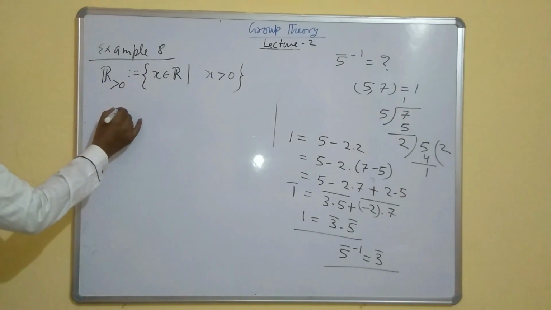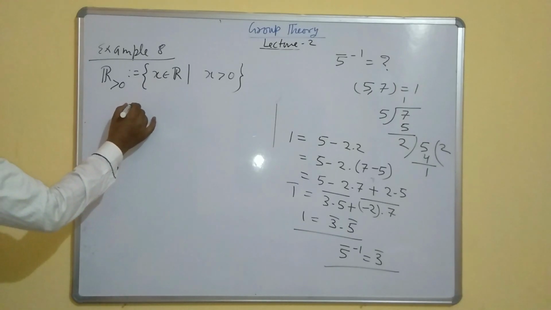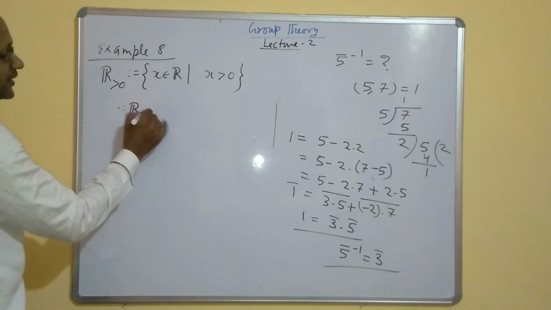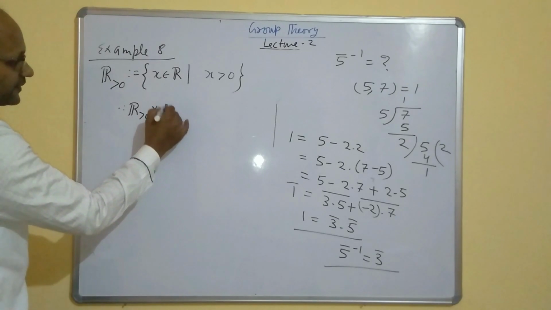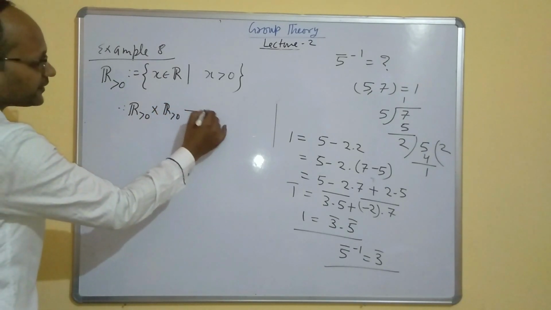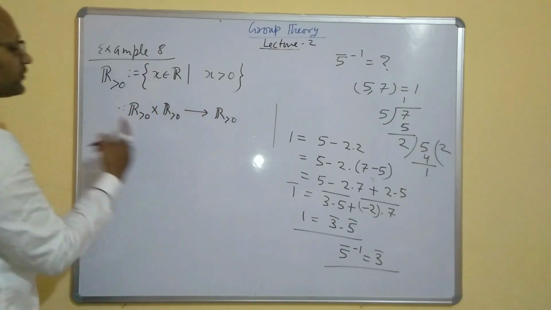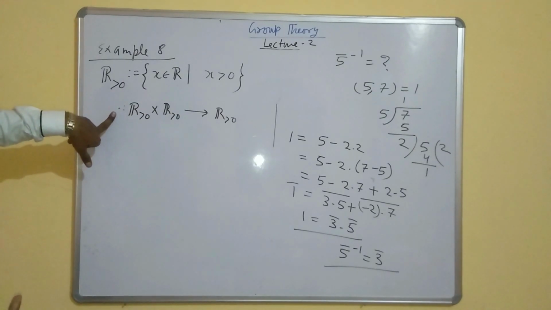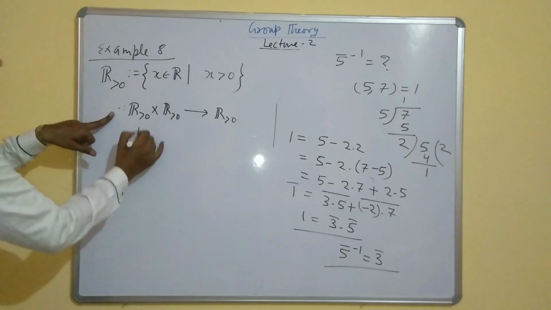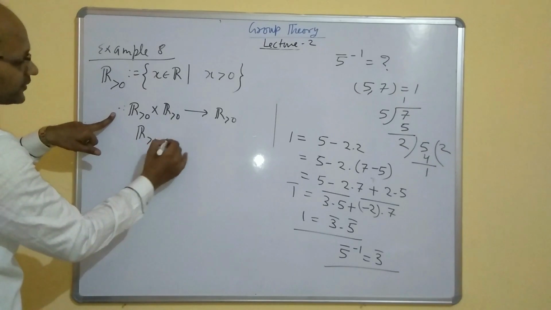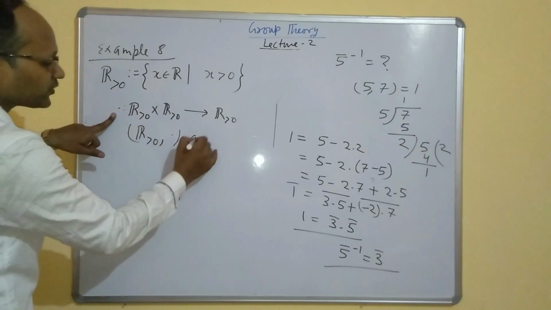So it means we can define the multiplication operation on this set, and that operation will be a binary operation. So (R>0, ·) is a groupoid.